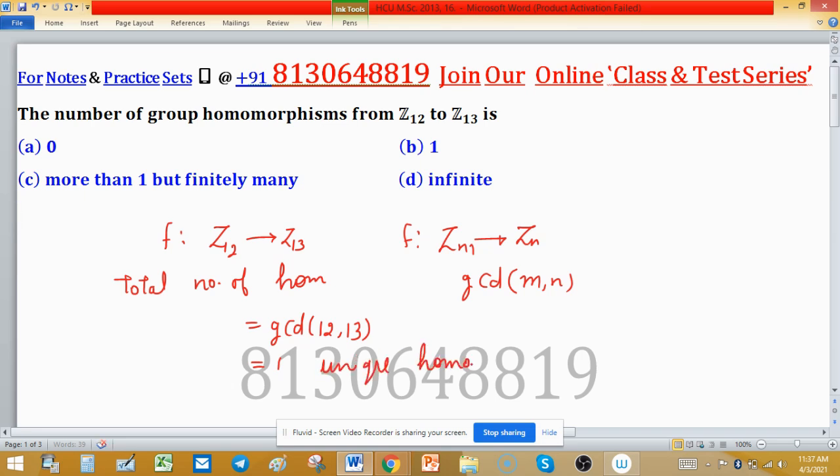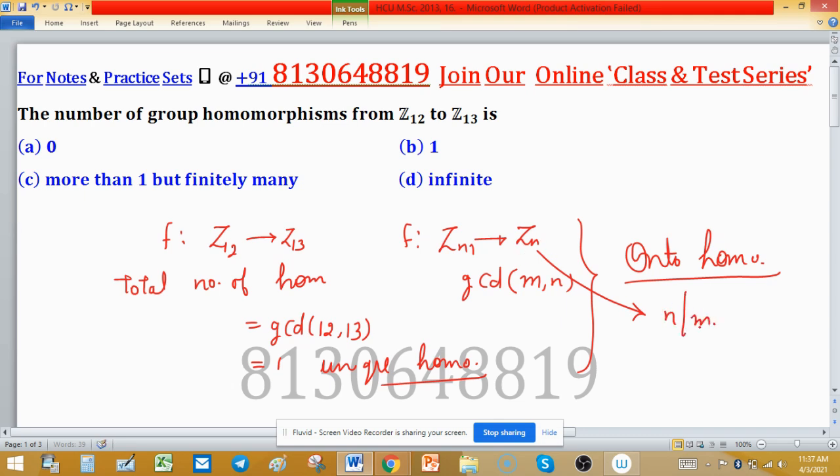homomorphism. Sometimes it is asked how many onto group homomorphisms exist. The condition is that n, the codomain order, must divide m, and then the number of onto homomorphisms is phi n.